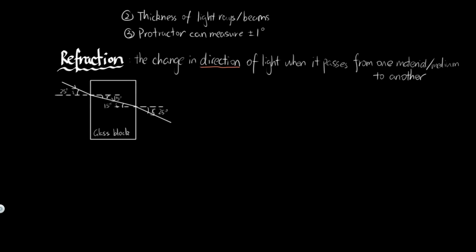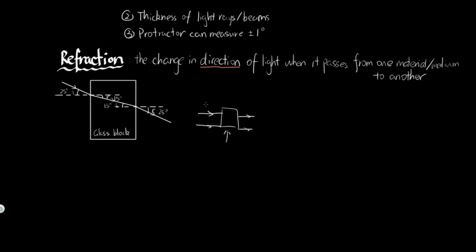And an interesting fact to notice here is that the ray comes out sort of like parallel to what it has been before. So this can be very useful when they give you something like this. If they have two parallel rays and then they put some apparatus here and then it comes out something like that, and they ask you what apparatus that is, that's probably going to be a glass block.